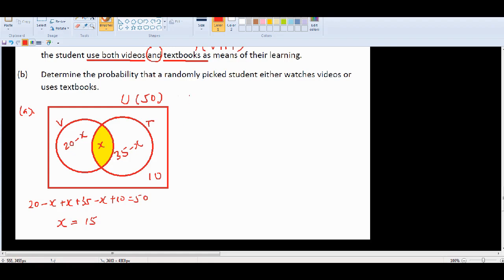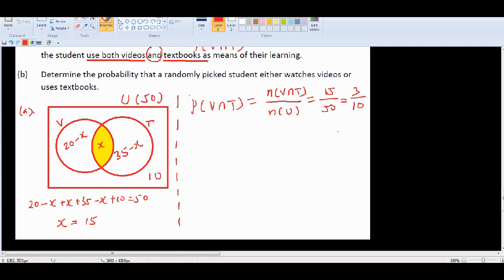So the probability of V and T would be the number of V and T over the number of students in the universal set. That's 15 over 50, which is 3 over 10.